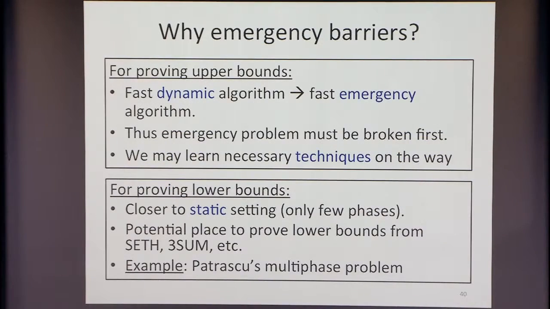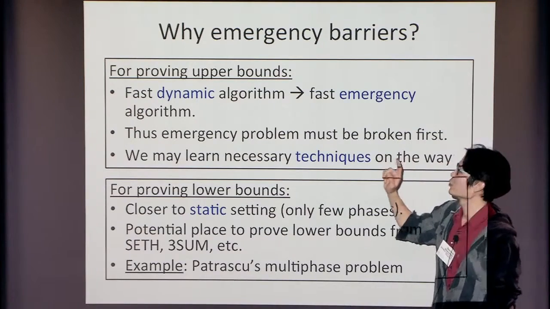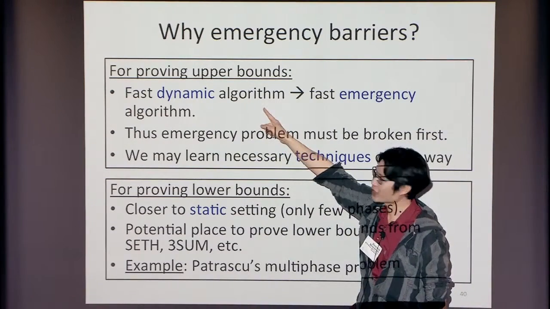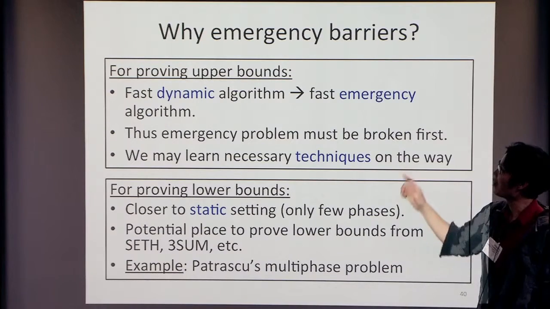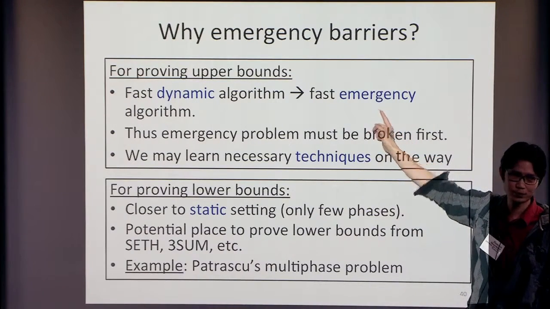And now you probably ask why you have to look at this emergency setting. I want to argue that it's important for proving both lower bounds and upper bounds. From the upper bound perspective, we will see soon that if you have a fast dynamic algorithm, then you will have a fast emergency algorithm too.